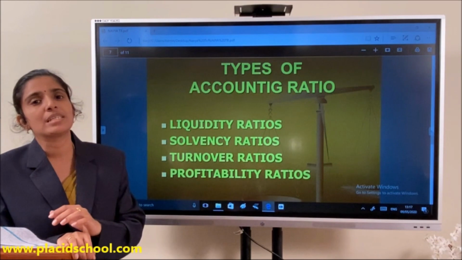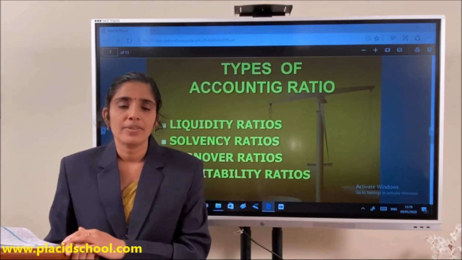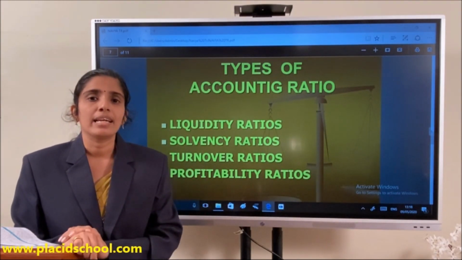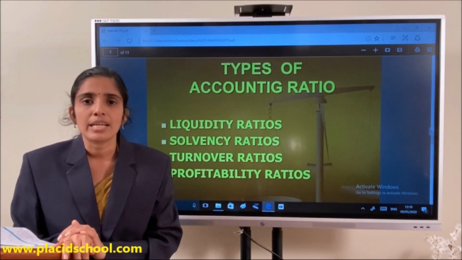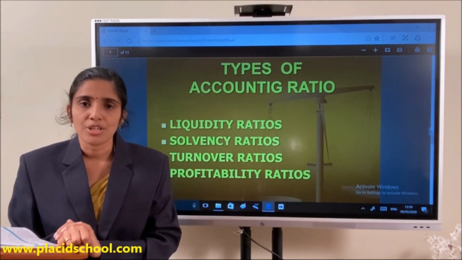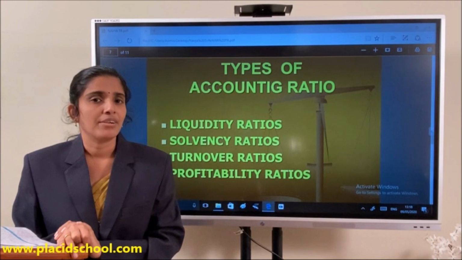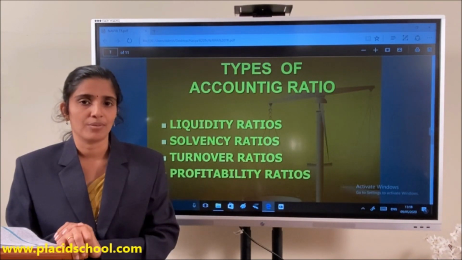Turnover ratios measure our operational efficiency. That means with the help of these turnover ratios, we can clearly evaluate our level of performance. In the turnover ratios, we mainly calculate stock turnover ratio, that is the inventory turnover ratio, trade receivable turnover ratio, trade payable turnover ratio, working capital turnover ratio, etc.